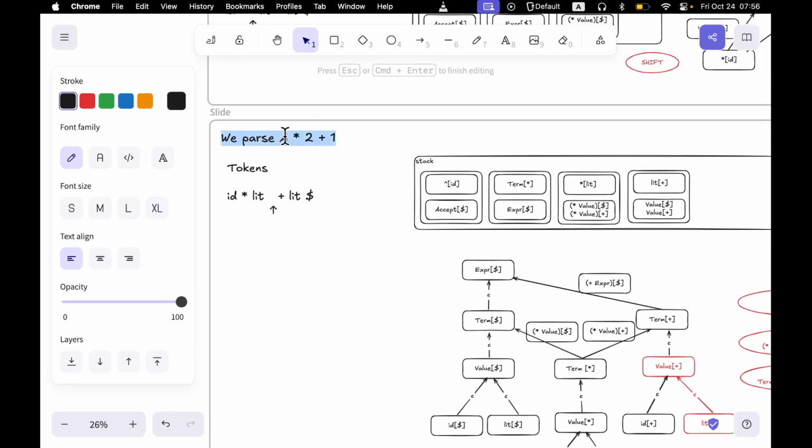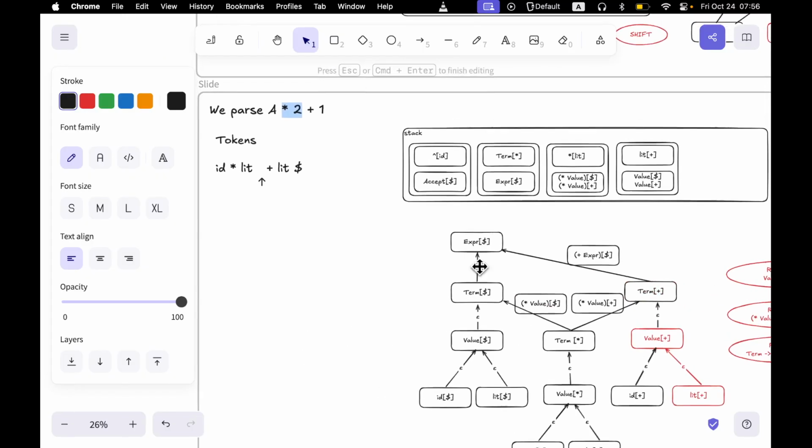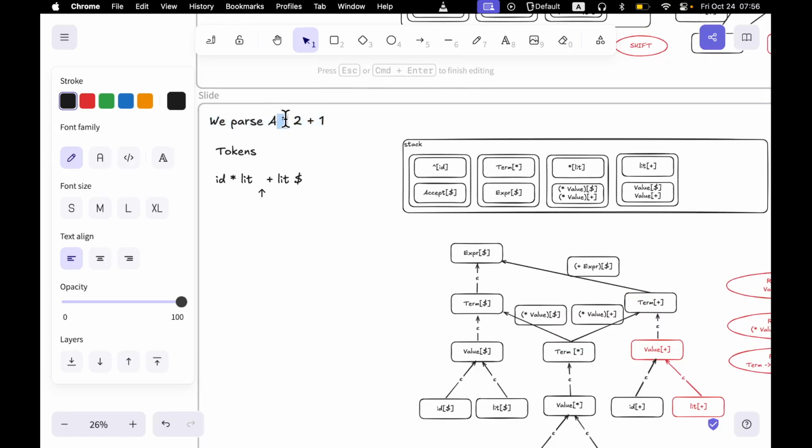You reduce this term and this star value into another term. So, sorry. This is parsed as a term.